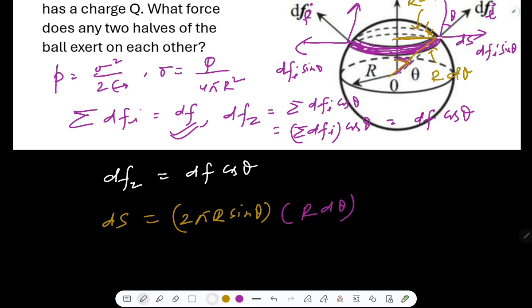The value of ds will become 2 pi r square sine theta d theta.